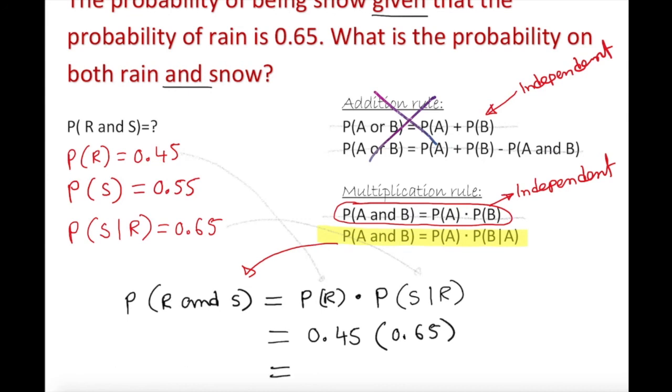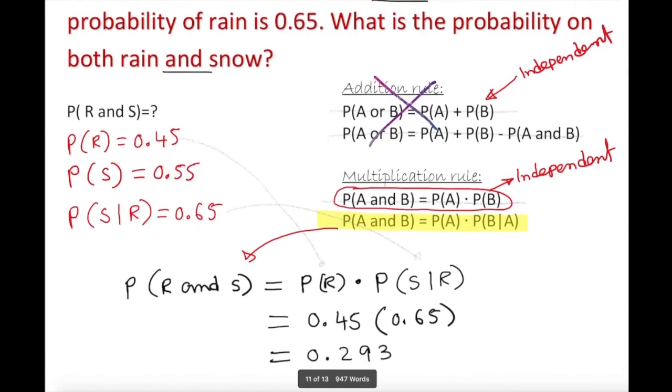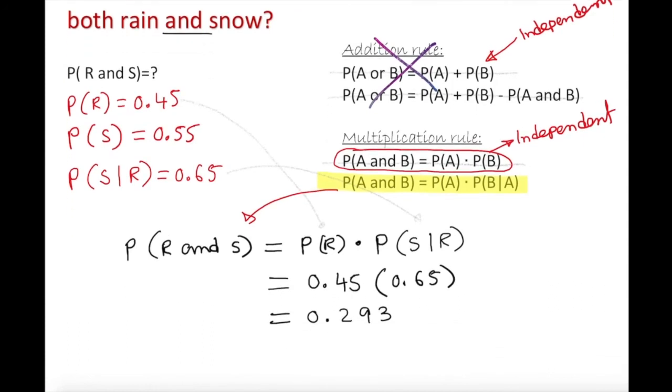If we multiply both together, we should get 0.293, and we can convert that into a percentage, 29.3%. Whatever the question asks, you just write down the answer like that.